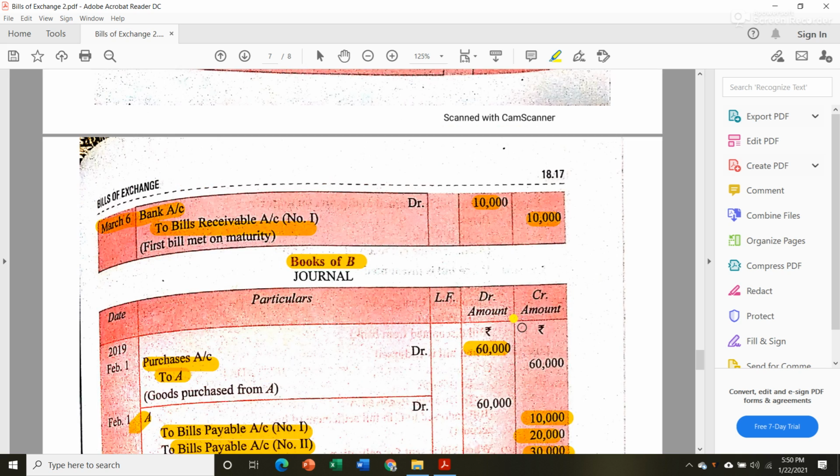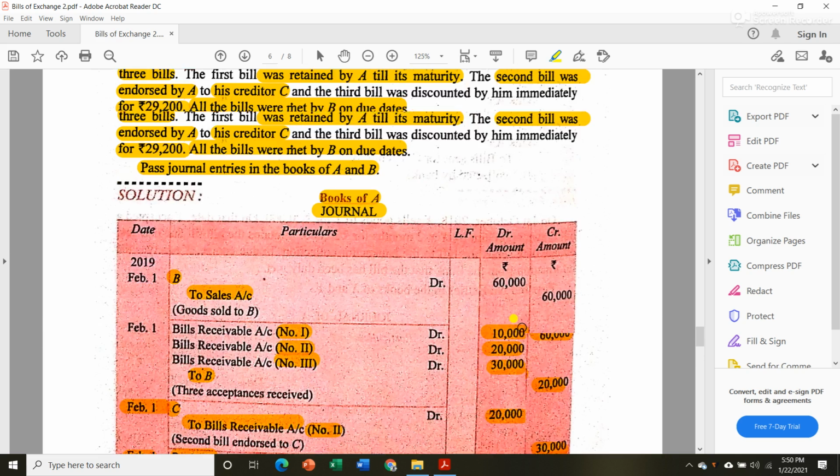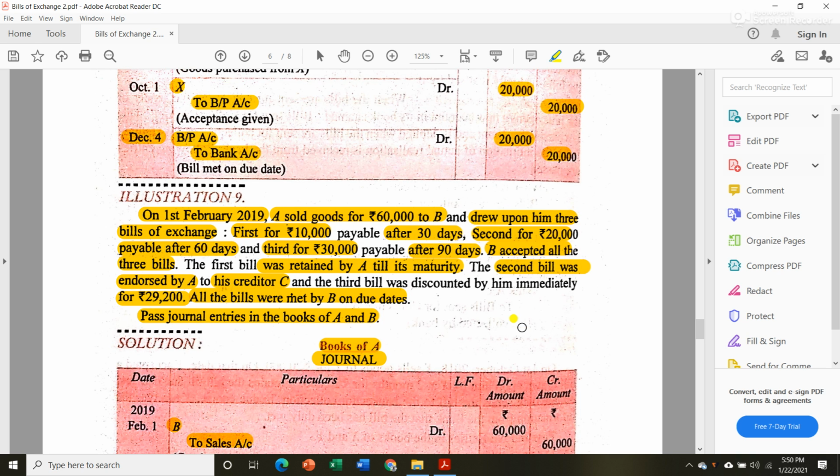Then for that last bill, since Mr. A already discounted it with the bank on 1st February, no need to make any journal entry in the book of A on the due date of that third bill. Okay, but there will be a transaction in the book of B because on maturity date he had to make payment.